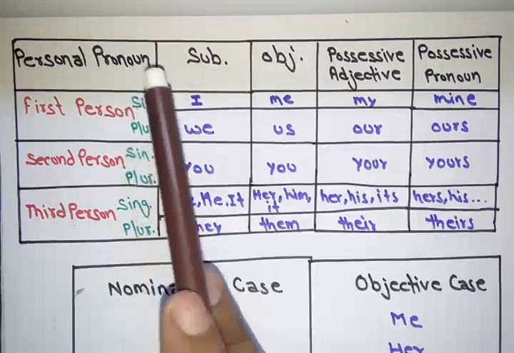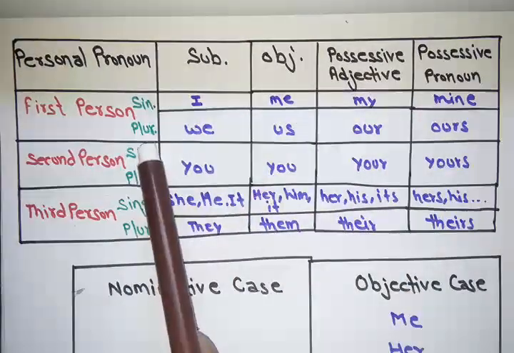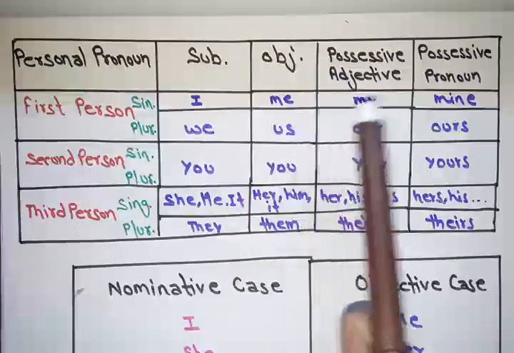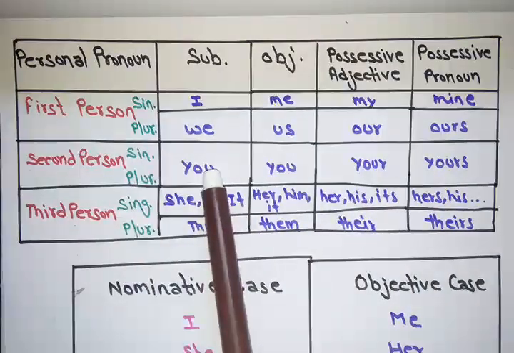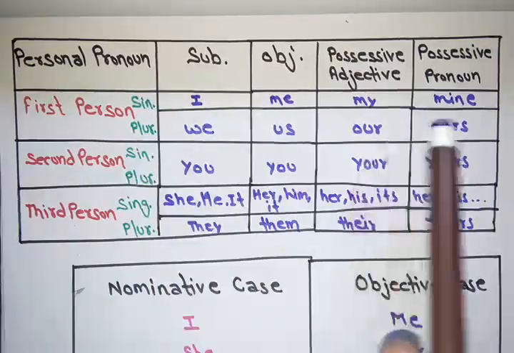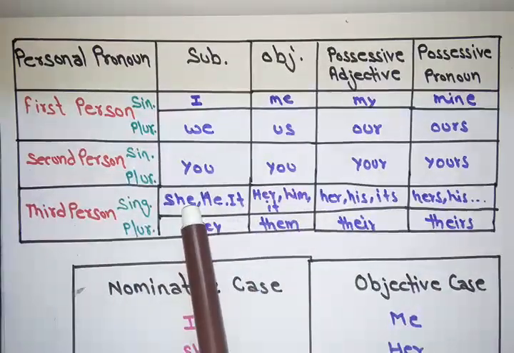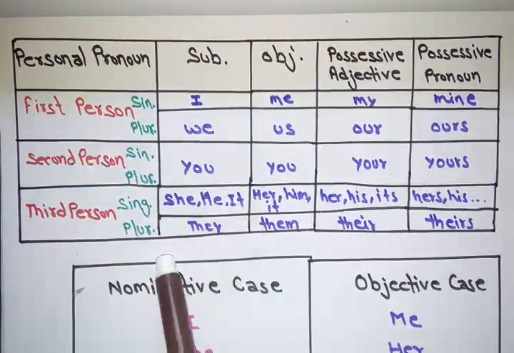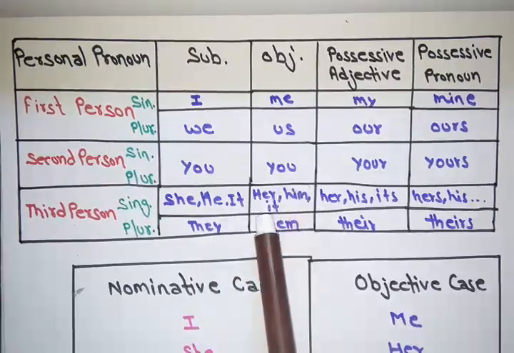First person: its singular form is I, me, my, mine, and its plural form is we, us, our, ours. Second person: you is a singular form and also a plural, and you, your, and yours never change. Third person: she, he, it, and its plural is they, them, her, him, it.